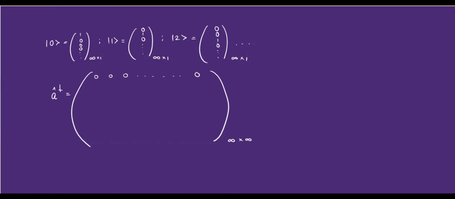We can write these operators A dagger and A as square matrices which are infinite cross infinite, if these are infinite cross one column vectors. The elements of this matrix are 0 0 0 up to 0, root 1 0 0 up to 0, 0 root 2 0 up to 0, and this will keep on going.